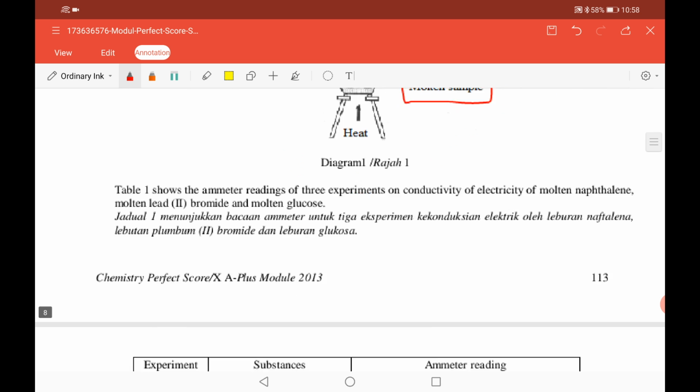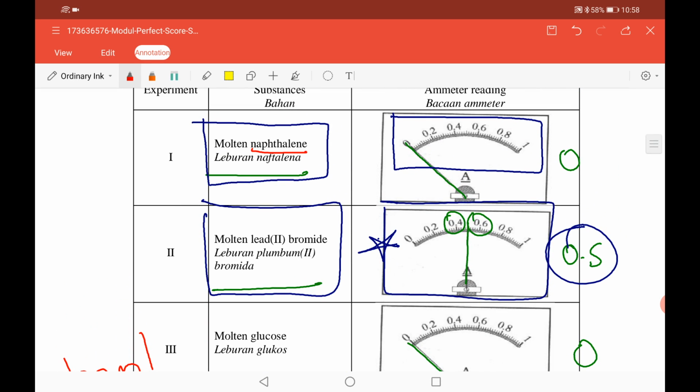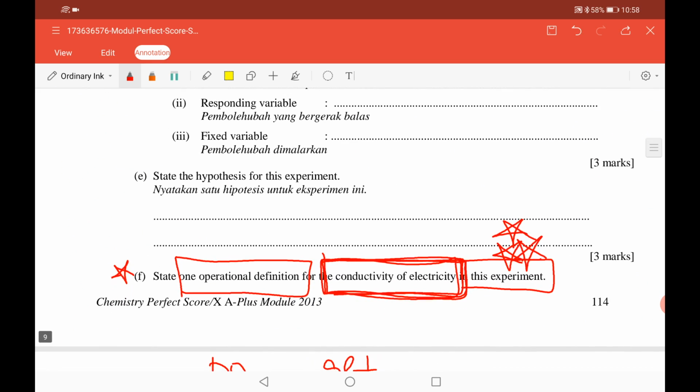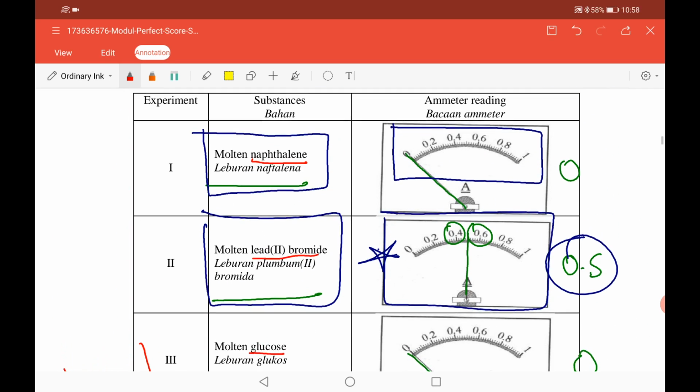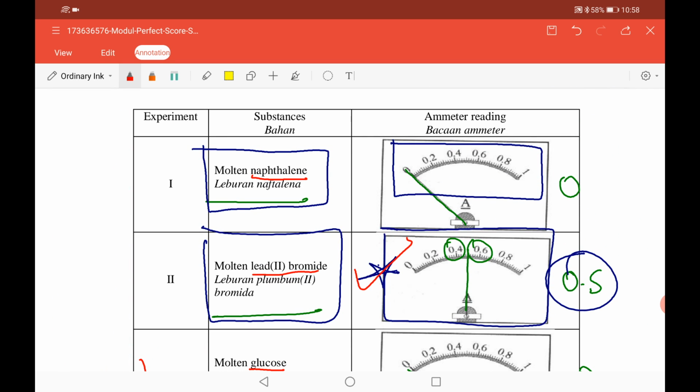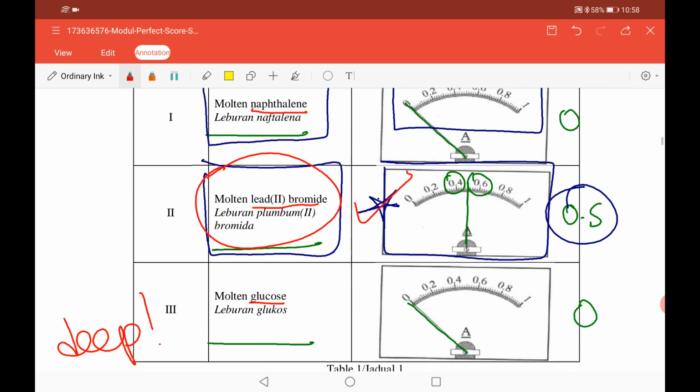But we have three molten samples here: naphthalene, lead bromide, and glucose. How to know which one we should use? The question asks about conductivity of electricity. So when we want to conduct electricity, we must make sure the ammeter gets a reading. So we use molten lead bromide.